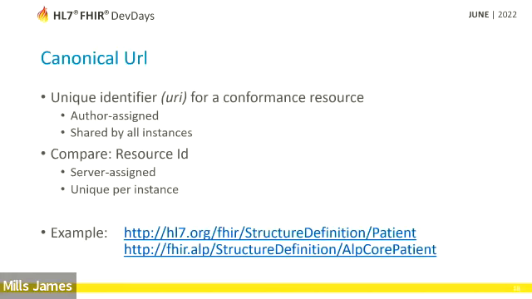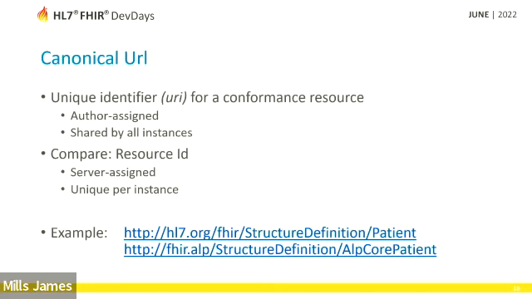So for example, if you compare it to the technical resource ID, that is specific for each different system that implements that conformance resource. And it's some ID that is assigned by the server. So if you want to search for this conformance resource, of course, you won't know the technical ID, so it would be hard to find it. And then you can use that canonical URL to retrieve that conformance resource in that particular system.